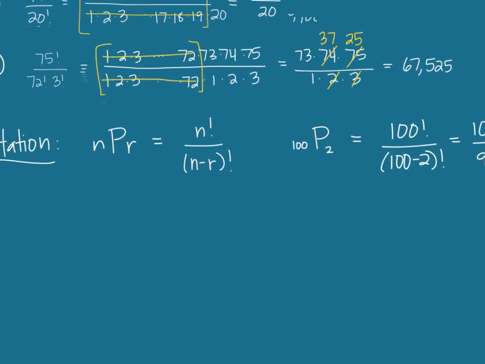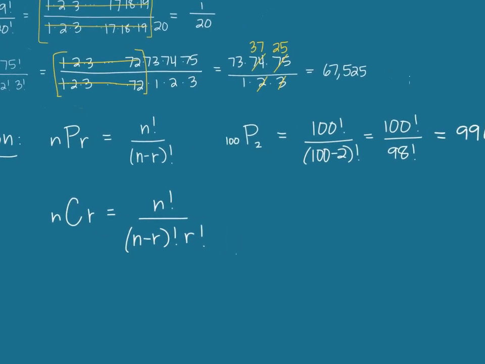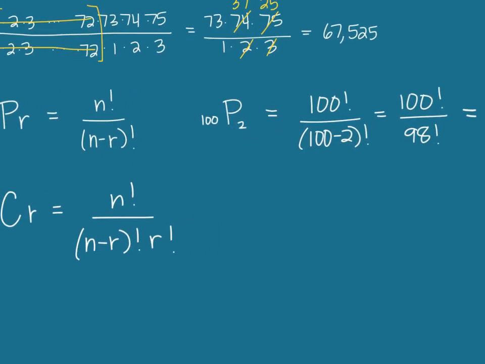It's a factorial formula. There's also a formula for nCr. The formula starts out the same, where n is in the numerator, and n minus r in parentheses is in the denominator, but then you have your r factorial. And so this problem has two things in its denominator. And so that would be something where we would maybe see 75C3.